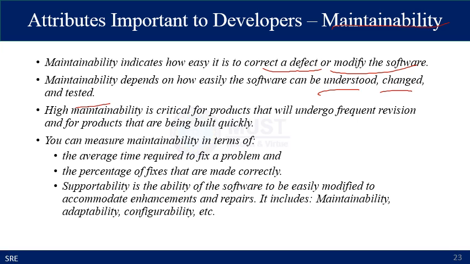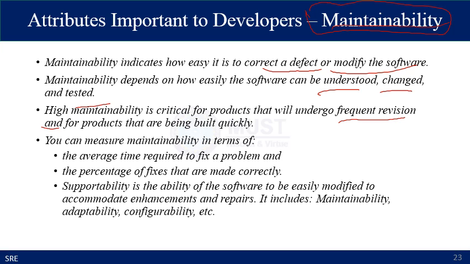High maintainability is critical for products that will undergo frequent revisions. So whenever there are different versions of your product or you want to incrementally follow the software development life cycle, you have to have maintainability in your system to minimize the resource cost.